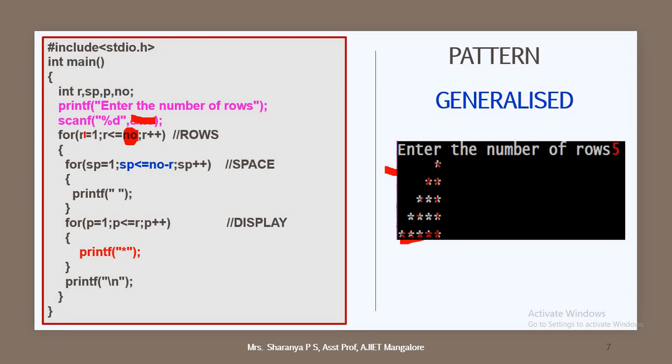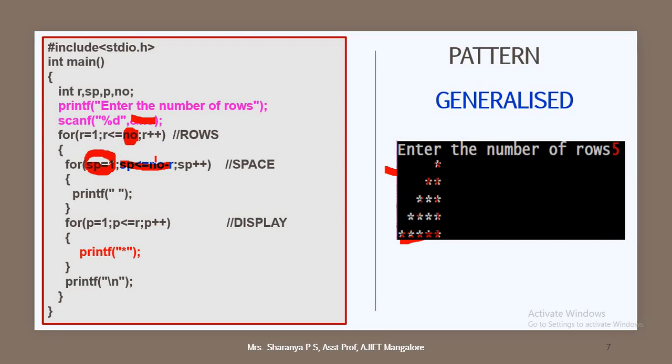The first for loop represents the row, and the second one we are running for displaying the space. Since we have generalized the code to print for any user given number of rows, I will start this space loop with 1, and how long do we have to run it? That is number minus r.